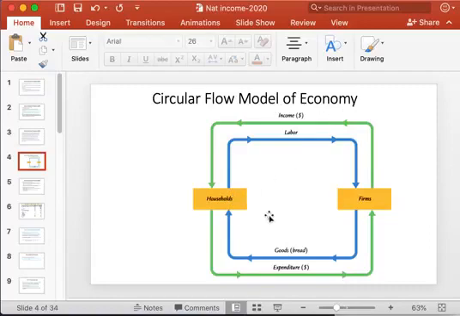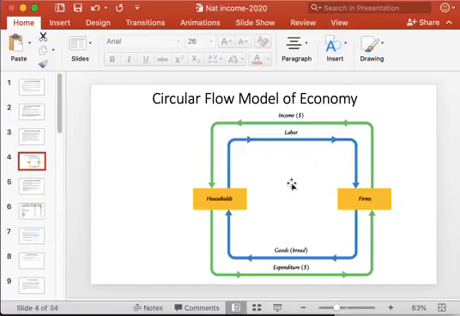So in this simplified macroeconomic model, you can see there is only one factor of production, and there is only one good produced here. And there are the households and the firms involved in the economy.